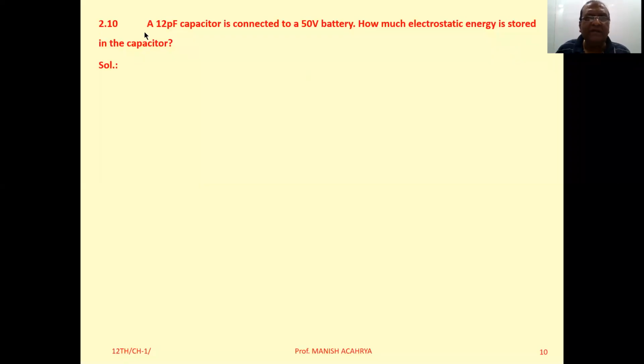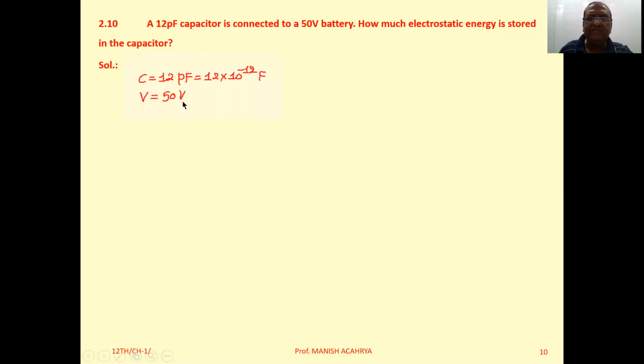Example 2.10. A 12 picofarad capacitor is connected to a 50 volt battery. How much electrostatic energy is stored in the capacitor? Now see, capacitance of the capacitor given to you, that is 12 picofarad, that is 12 into 10 raised to minus 12 farad.